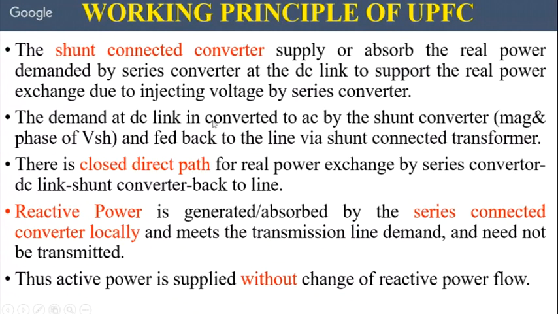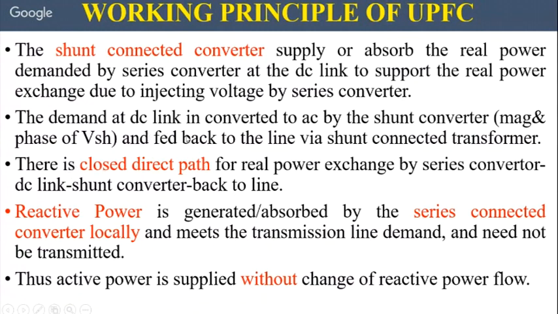The demand at the DC link is converted to AC by the shunt converter and it's fed back to the line via the shunt connected transformer. That means the shunt connected transformer will generate such a voltage magnitude and angle that the excess of power or the demand of power by the series converter will be met by the shunt converter.